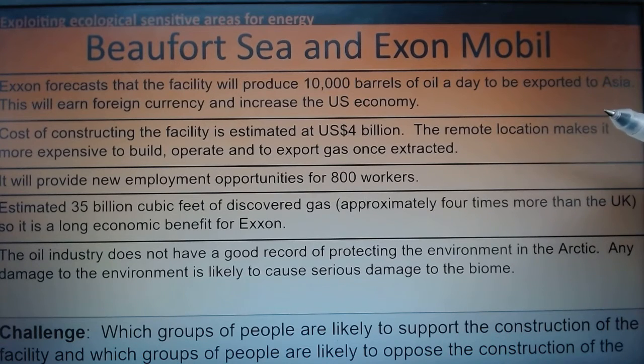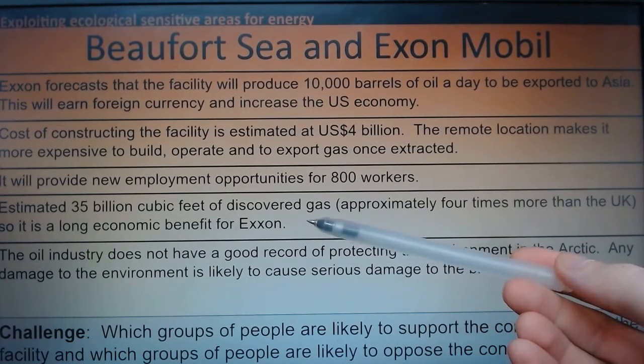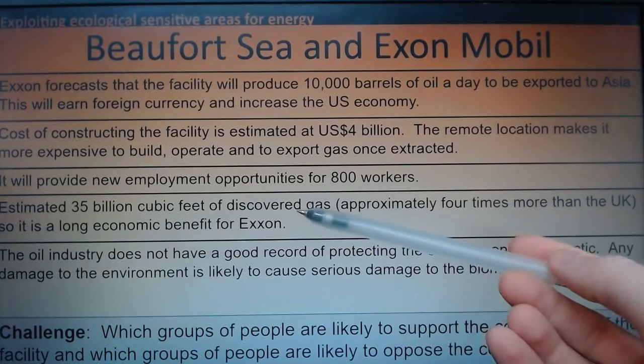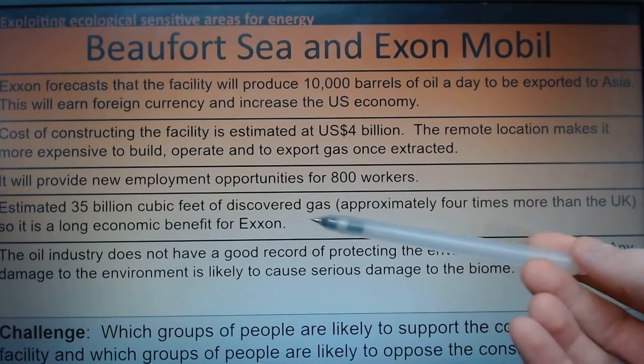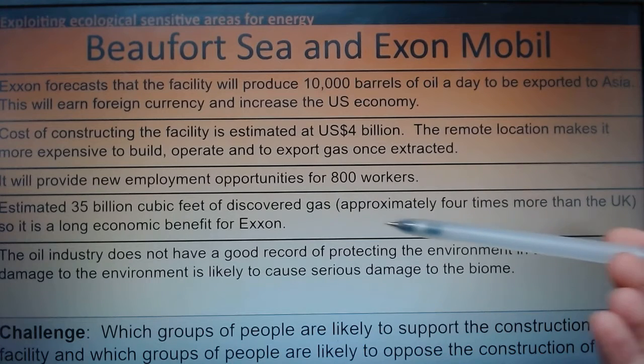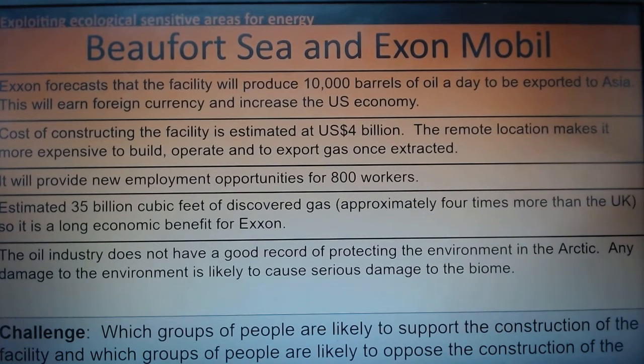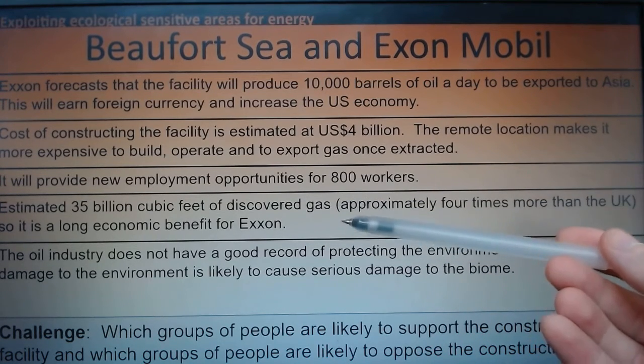So that's a disadvantage. It provided employment for 800 workers, so that's a positive. And then it also found a huge amount of gas, 35 billion cubic feet. So huge. I can't even imagine what that's like, but it's a huge amount that will last for years. So it's a long-term benefit.